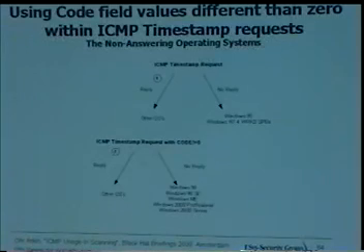Here's another test we can use with timestamps, for example. I mentioned the remarkable implementation of Microsoft four or five slides ago. Here we have an excellent example. If we send an ICMP timestamp request with the code field set to a value other than 0, we first do the regular timestamp request.